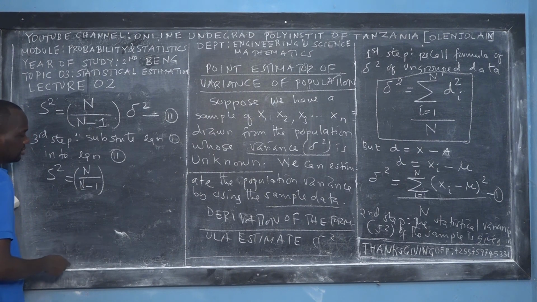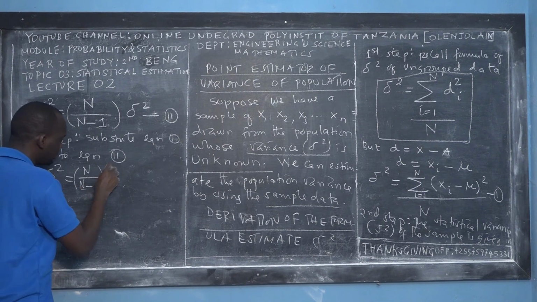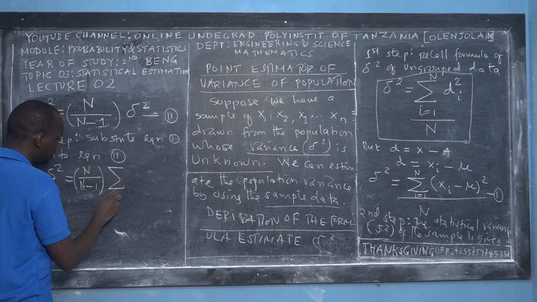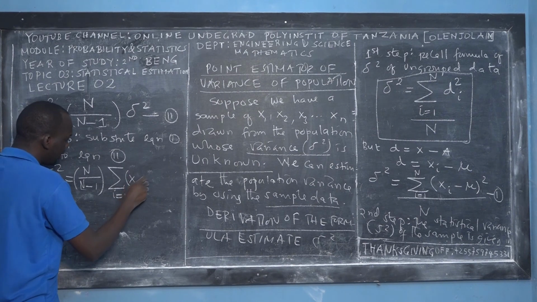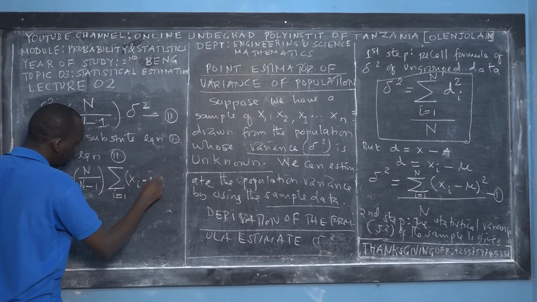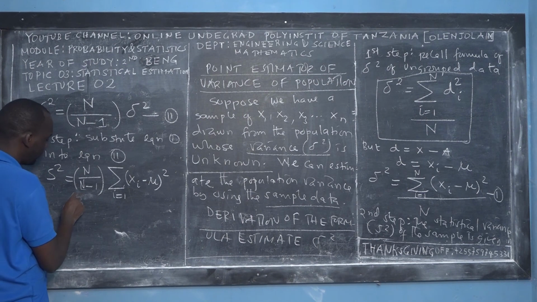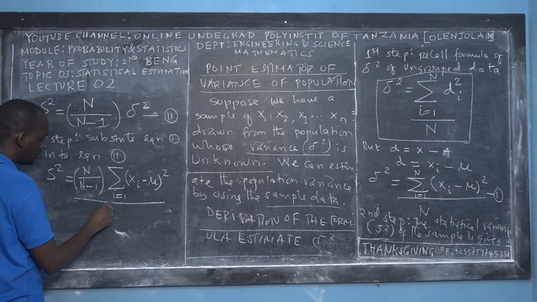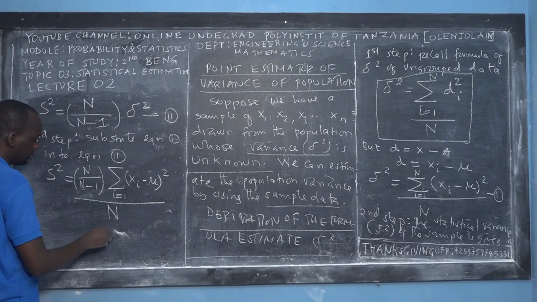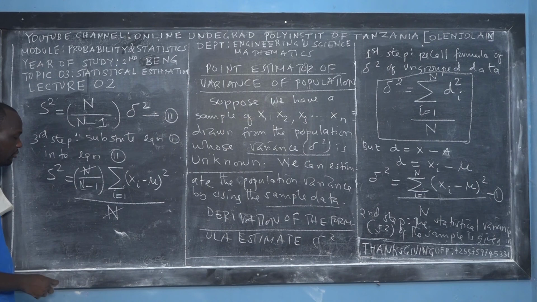Population variance. For that case, we say that there is the summation from i = 1 of x minus mean, squared, and then divided by what? Divided by sample size.